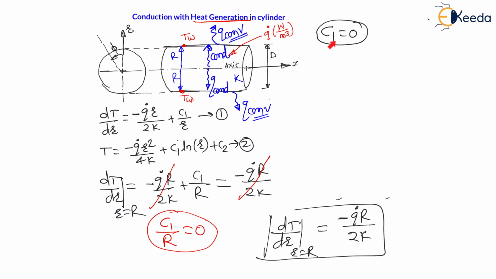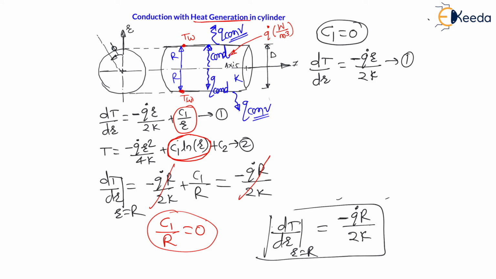Now, let us put C1 equal to 0 in equation number 1 and equation number 2. In the temperature gradient equation, the C1 by R term will get cancelled, and in the temperature equation, the C1 ln of R term will get cancelled. Therefore, my dear students, the temperature gradient dt by dr will be equal to minus q dot R divided by 2k.